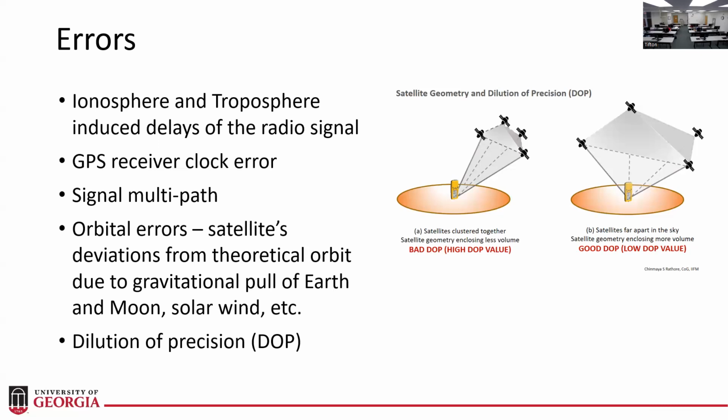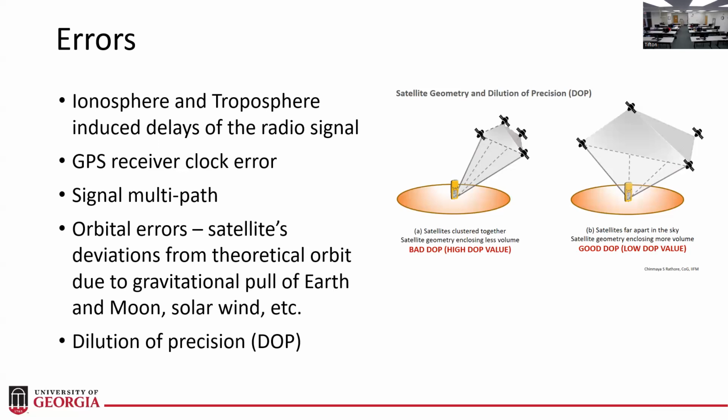The first one is the ionosphere and troposphere induced delays of the radio signal. On the next slide I'm going to go in depth on that, but basically, when the satellite broadcasts a radio signal, it has to go through all the atmosphere until it reaches you on the surface of the Earth, right?